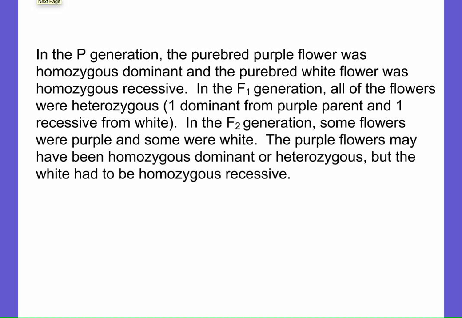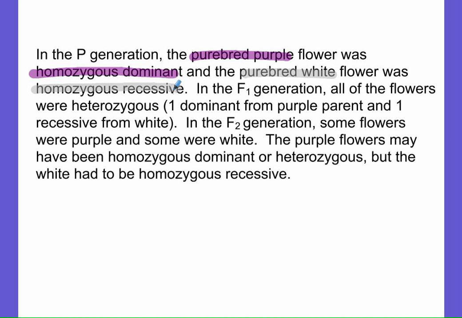So again, this is just the same thing written out. In that P generation, that parental generation, the purebred purple flower was homozygous dominant. That purebred white flower was homozygous recessive.